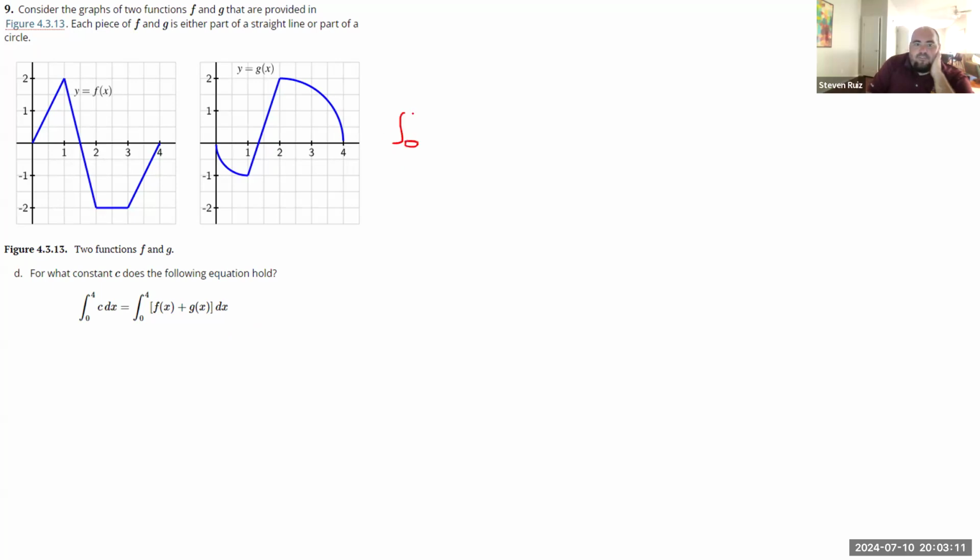So the integral from 0 to 4 of f of x plus g of x dx, we've used this a bunch of times now. This is equal to the integral from 0 to 4 of f of x dx plus the integral from 0 to 4 of g of x dx.